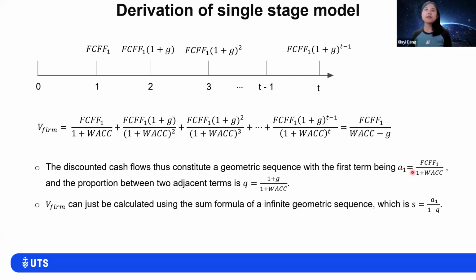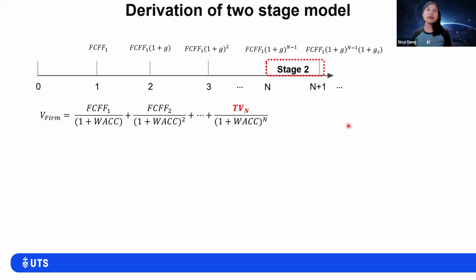By substituting, we find that the value is equal to FCFF1 divided by the difference between WACC and the growth rate G. So that's the derivation of the single stage model.